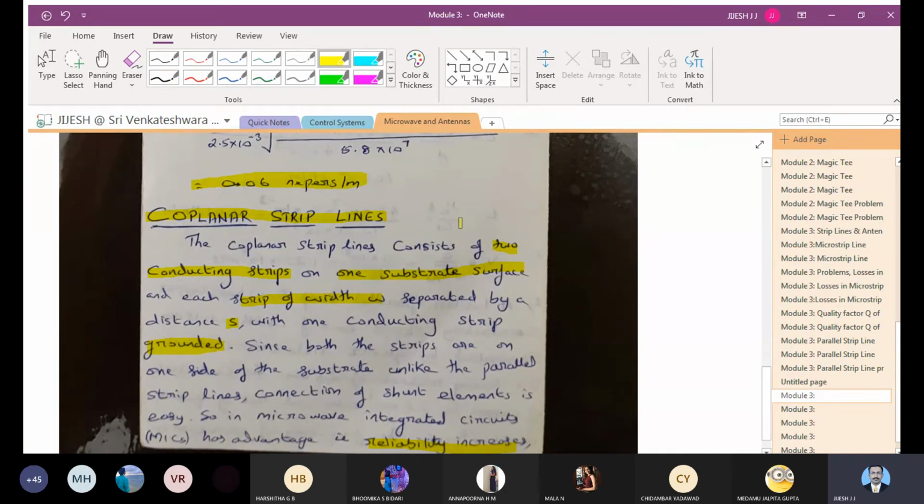So this is what coplanar strip lines are all about. We have a few equations to find the values, and we will be using those equations in problems to find the characteristic impedance and other things. So this is the third type of strip line, called the coplanar strip line. So write down this portion.